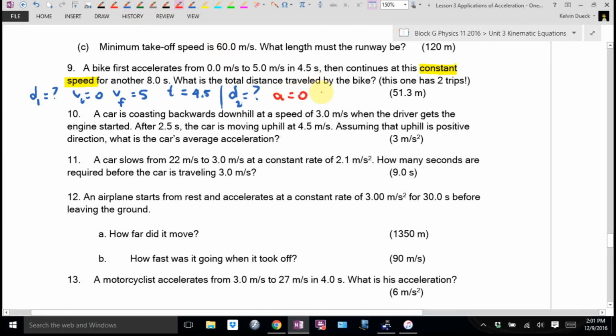I think VI is 5, because that's how fast he was going at the end of the first part of the trip. Yes? T is 8. What's the equation that has D, A, VI, and T in it?